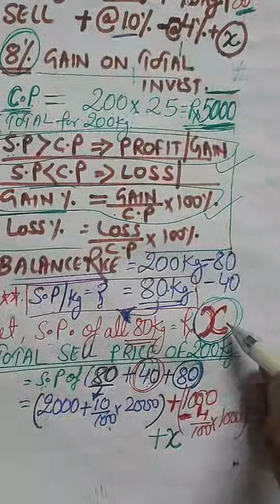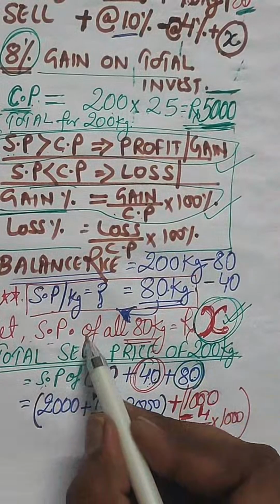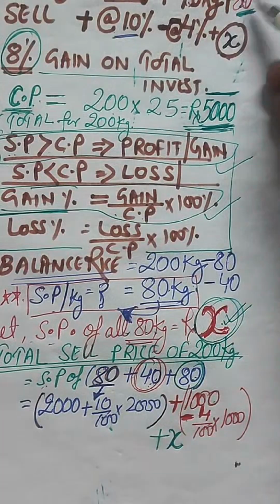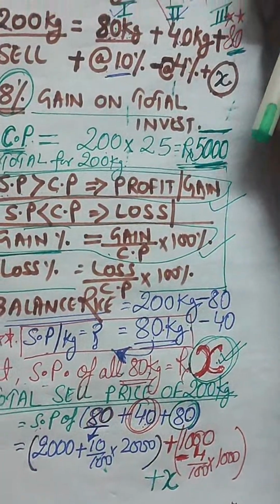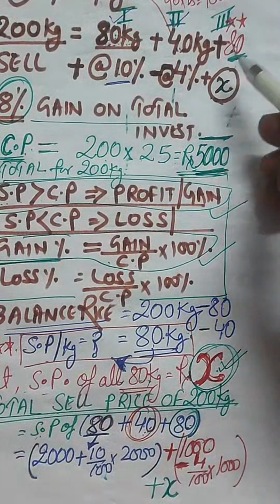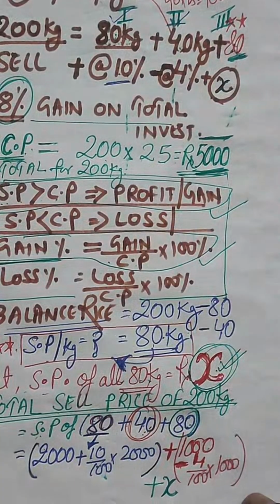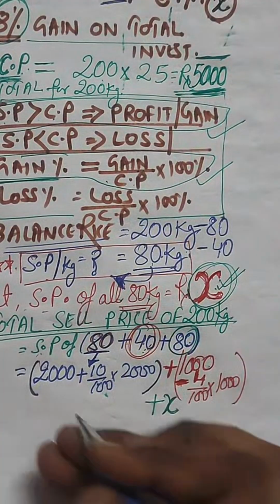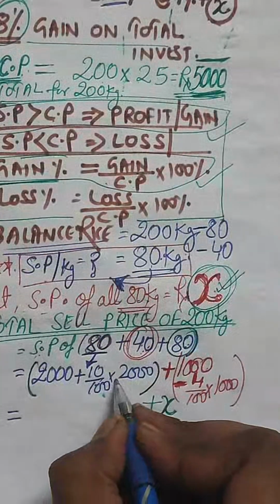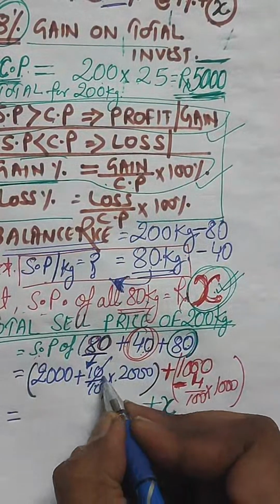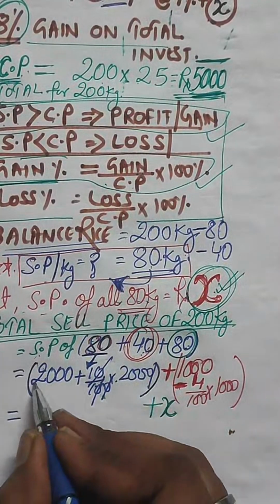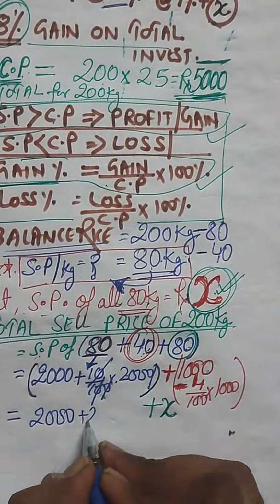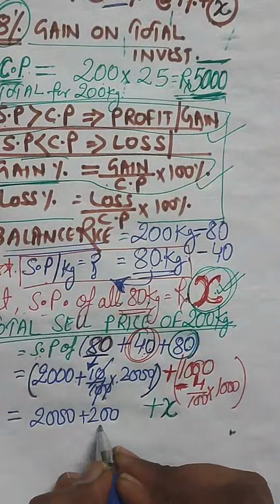That we have already assumed as x, the selling price of the last portion of 80 kg. Now the total sale price would be, here the zeros will be cancelled. 2000 plus 200, this 200 is added.